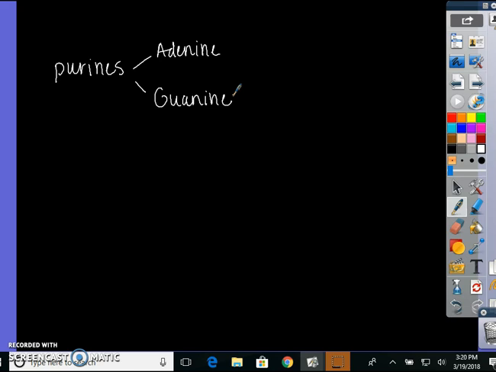And then we have, because they've got 6-membered and 5-membered nitrogen rings. And then we have the pyrimidines. I'm trying to be real good with my spelling here. Beautiful structure, because I'm looking at a picture of them. Okay, sorry about that.